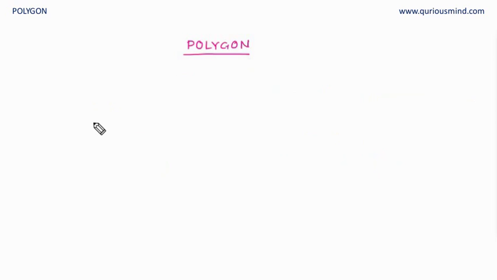Polygons at a high level can be classified as concave and convex. This is a concave polygon. If you see here, we are turning in. We have a little bit turning in.